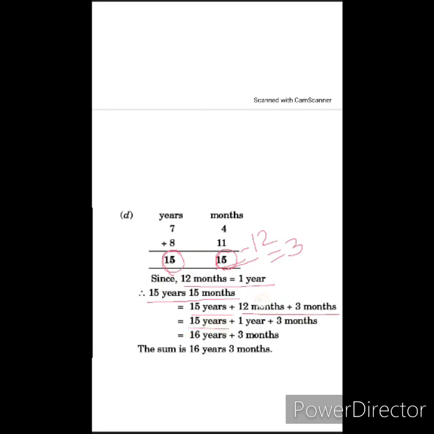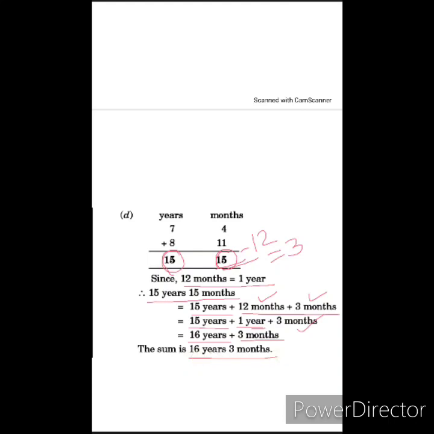As we know that 12 months is equal to 1 year, we write down here 1 year, and the remaining 3 months will remain the same. So 15 years plus 1 year is equal to 16 years, and 3 months remain the same. So the answer of the sum is 16 years 3 months.